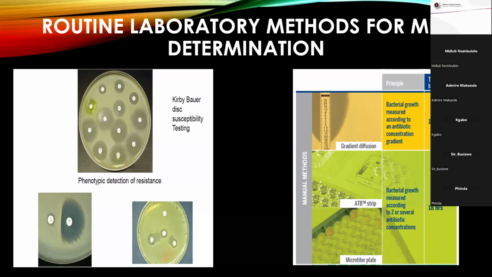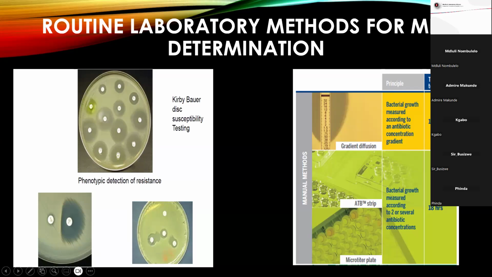Where there's a smaller concentration, there's a smaller inhibition. Where there's a total absence of inhibition, that's the MIC. By MIC, you are saying it's the minimum concentration which is effective to kill the organism.